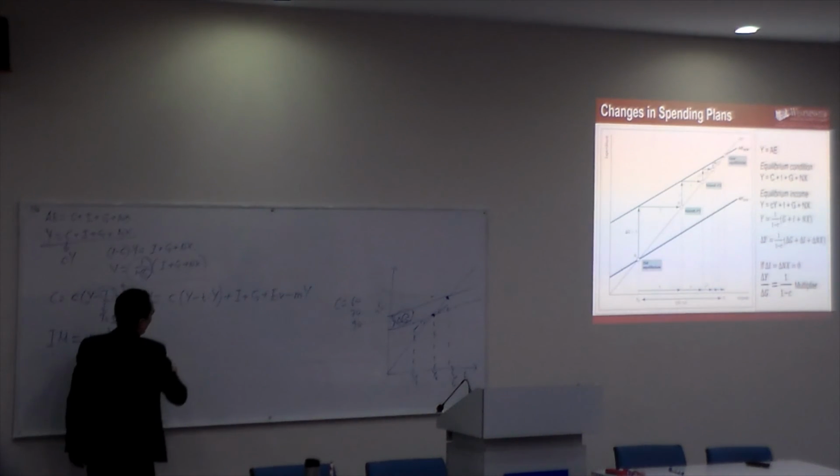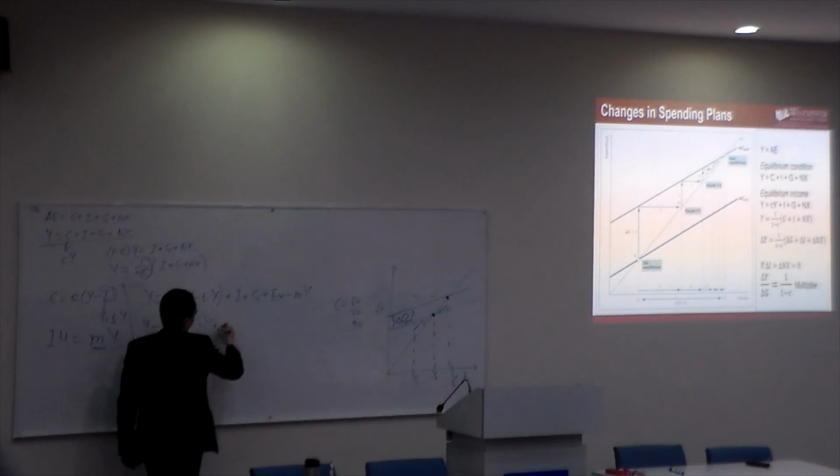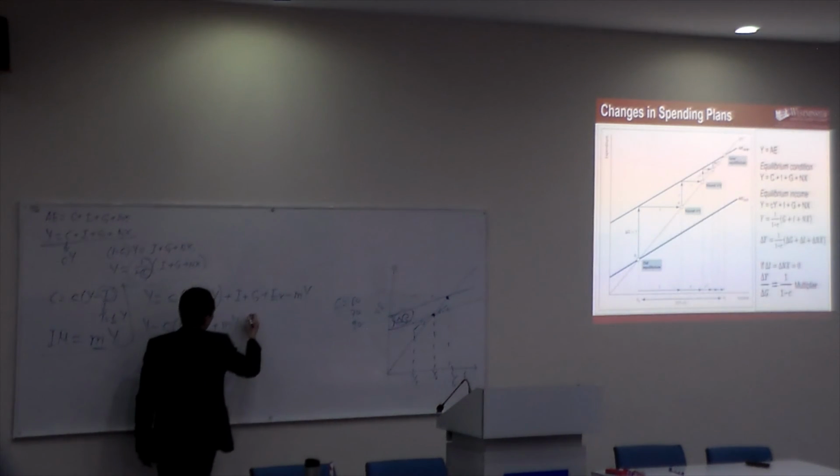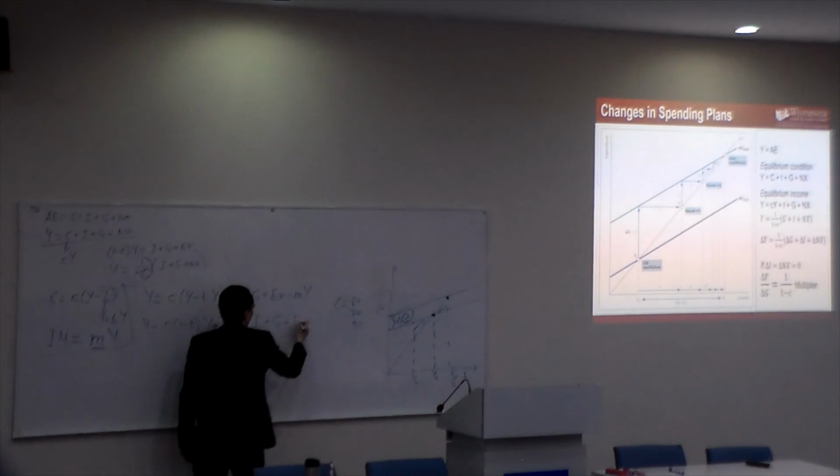Or I can write it as, if I take all in here, y minus c times 1 minus t times y, plus m y equal to investment plus government spending plus export.